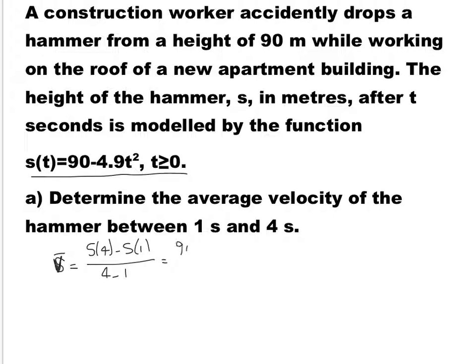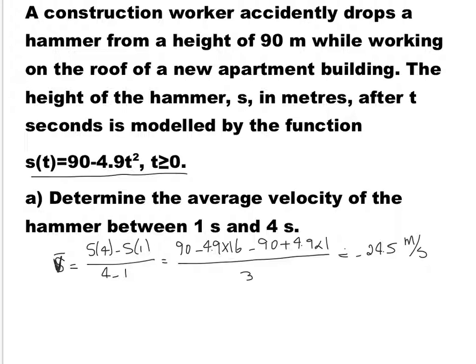S4 is 90 minus 4.9 times 16, minus S1, which is 90 minus 4.9 times 1, divided by 3. If we evaluate this one, we get negative 24.5 meters per second.